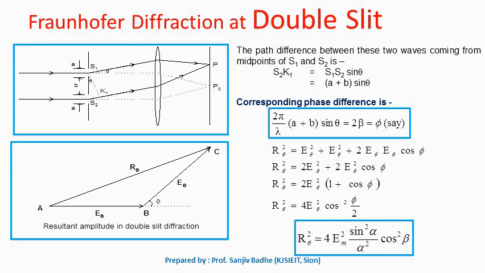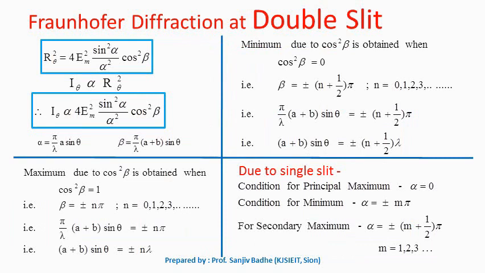Alpha and beta both depend on theta. We have seen alpha is equal to pi by lambda a sin theta, and beta is equal to pi by lambda (a plus b) sin theta. This is the intensity of light arriving at point P due to the light waves diffracted from a double slit.